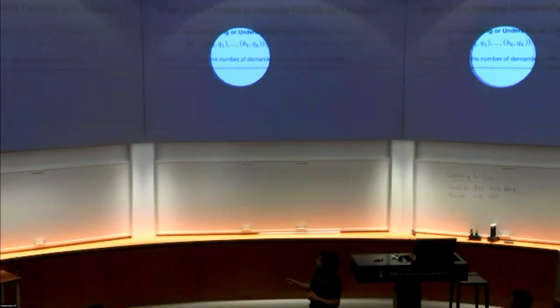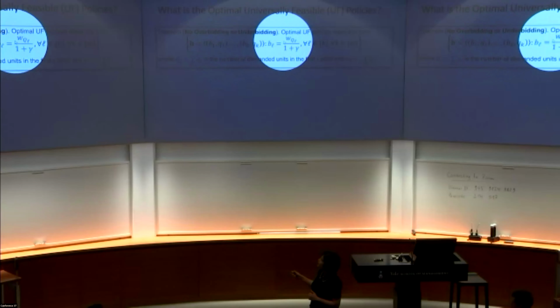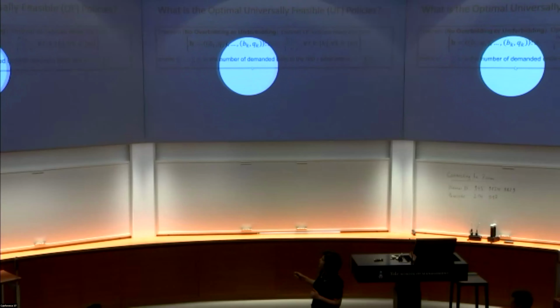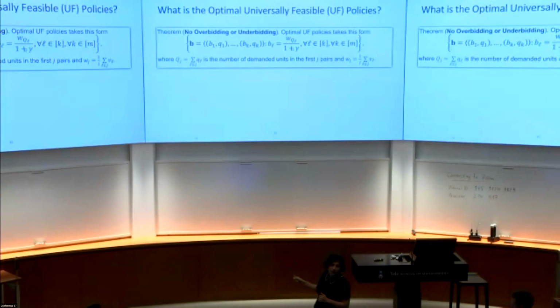If you submit K pairs of bid value and quantity, B_L should be W_{Q_L} normalized by 1 plus gamma, where Q_L is the number of demanded units in the first L pairs. Meaning that as long as you are on this W curve normalized by 1 plus gamma, not overbidding or underbidding, you are being truthful. So that's the optimal class.